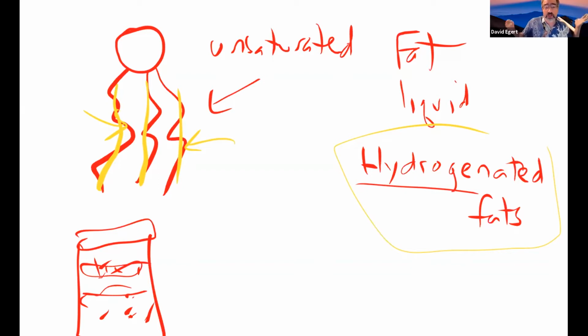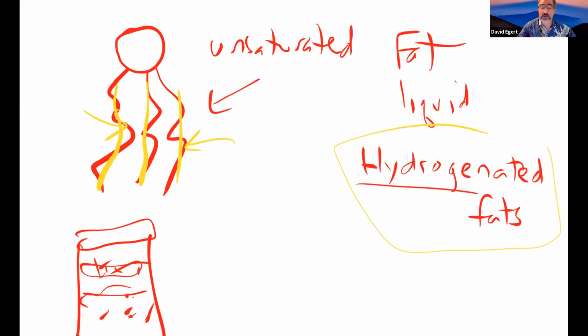So people thought, instead of eating butter, let's take a plant oil, which is unsaturated, but then we'll hydrogenate it and turn it into something like butter. We'll call it margarine. And that'll be better for you than butter, because it's based on an unsaturated fat.